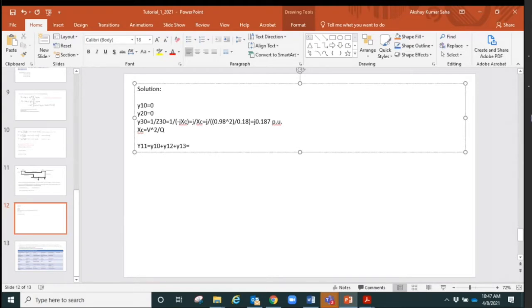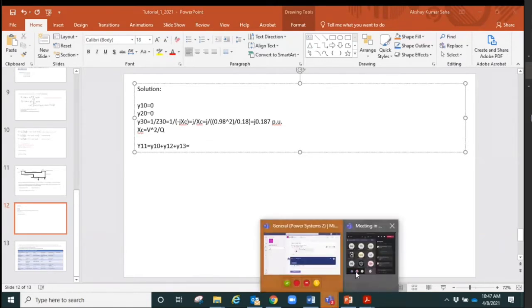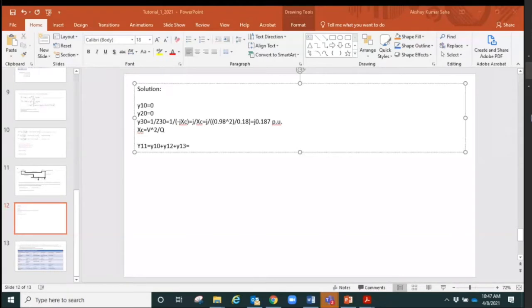So you can calculate it now and tell me the final value of y11. Anyone who has the value of y11? Okay, Sibu Siso also confirmed that it's the same value. Now you calculate y11 and tell me y11.